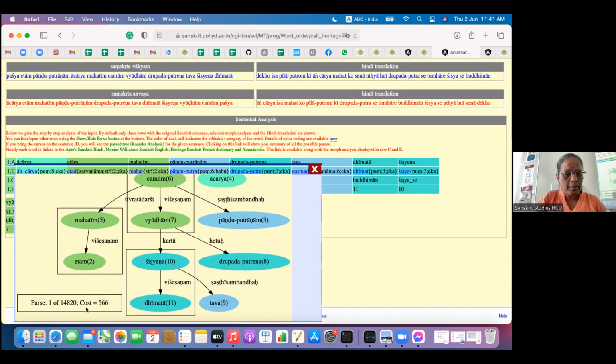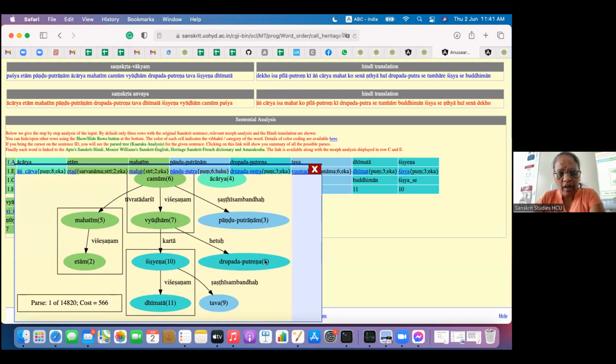Whose disciple? Tava Shishya, your disciple. And Dhimata, Dhimata is intelligent, Buddhiman. So your intelligent disciple has arranged this army of the sons of Pandus, which is very big.